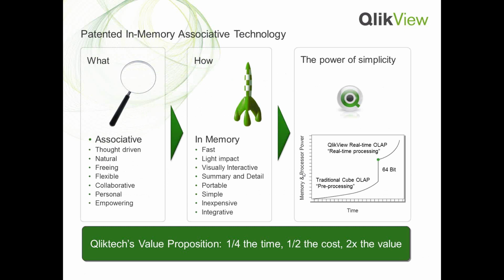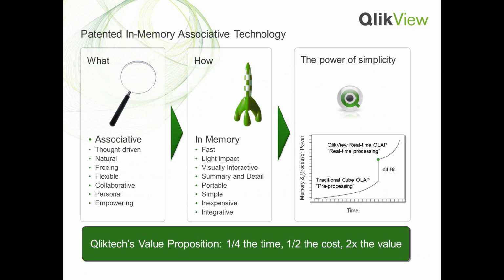The how is, obviously, the in-memory, so it's fast because of the very high speed of the RAM. Light impact: this pertains to when the data is huge, as in a big organization, or if you're going for very detailed data.